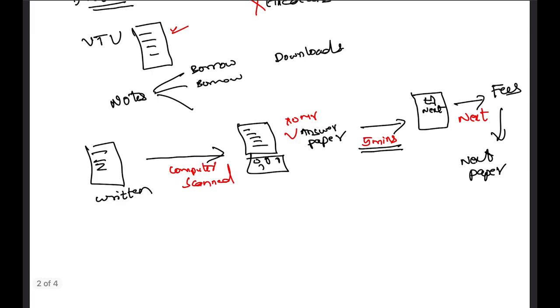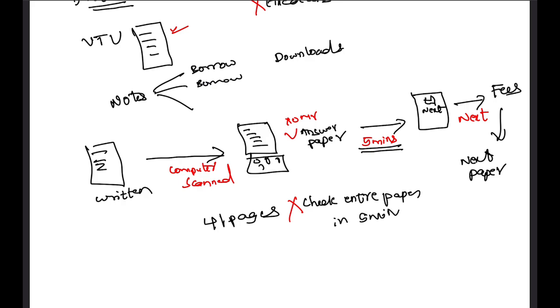When you fill all the pages, when you write 41 pages, obviously it is impossible to check the entire paper in 5 minutes. So there is a very high chance that if you just fill the entire 41 pages, you can pass the examination.